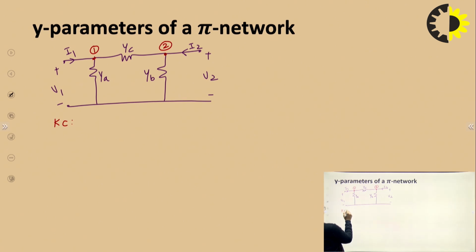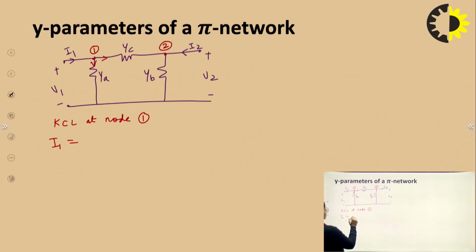So, apply KCL at node 1. The voltage of node 1 is V1. So, current is coming as I1. One branch current is I1. Here 3 branches are there. So, I1 is the incoming current, and let's say two outgoing currents are there.